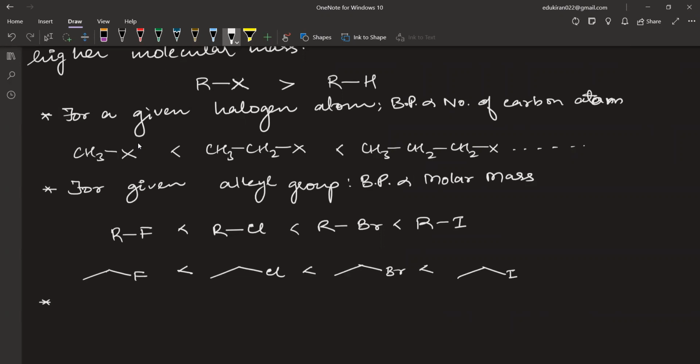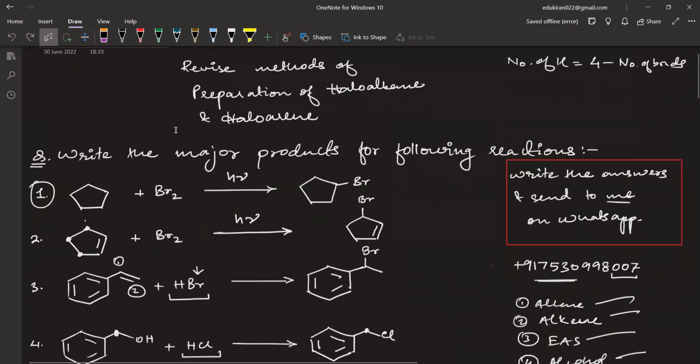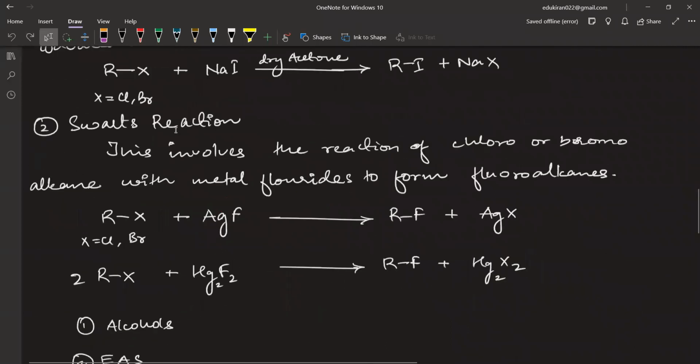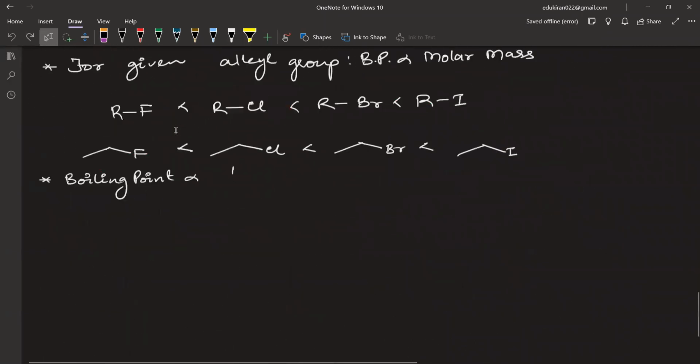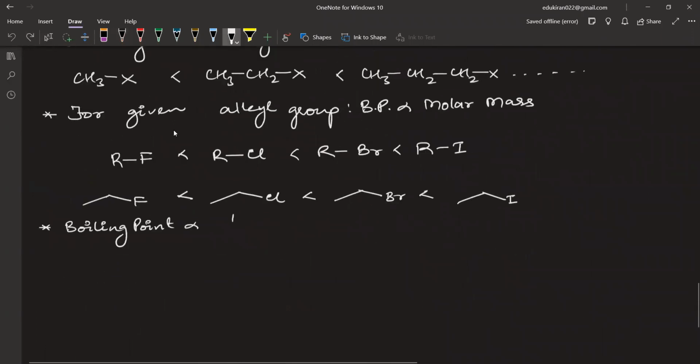Now write another point. We all know that boiling point is inversely proportional to branching. I will also tell you the reason.